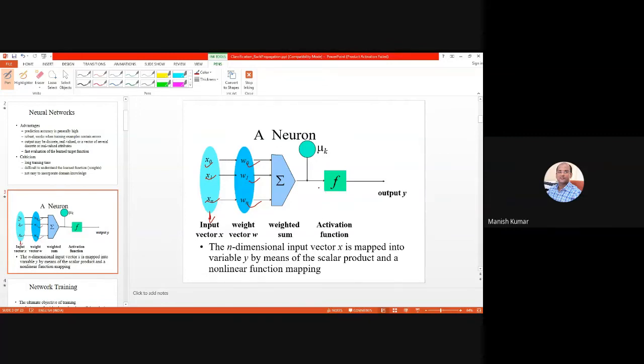Then you apply the activation function, and then you get the output y. In between you also have some bias and errors. So an n-dimensional input vector x is mapped into variable y by means of the scalar product and a non-linear function mapping. This is what a neural network does.